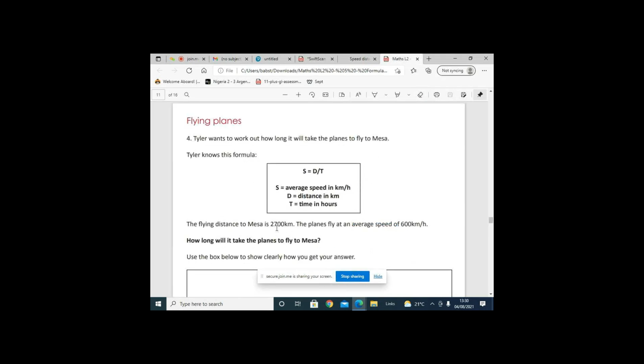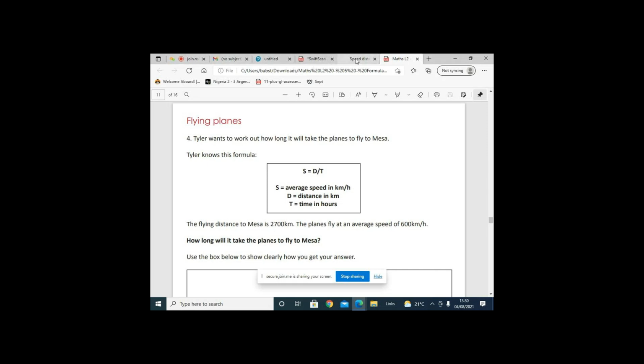The distance is 2,700 kilometers and the speed is 600 kilometers per hour. So you divide 2,700 by 600 and you get 4.5. That means the time it takes to fly the plane is 4.5 hours, that is 4 hours, 30 minutes.